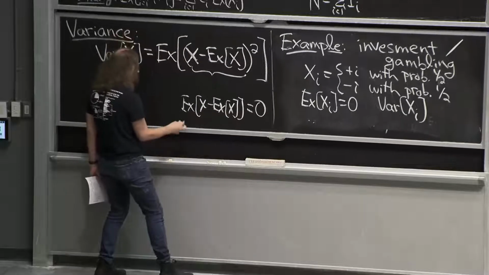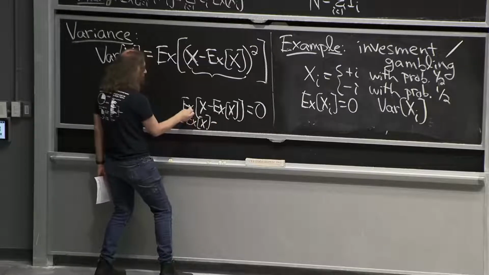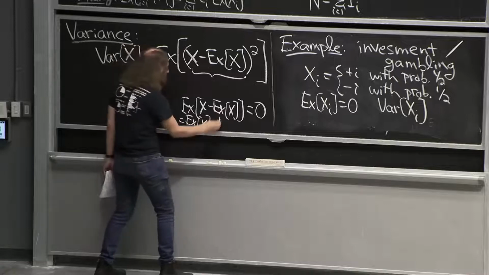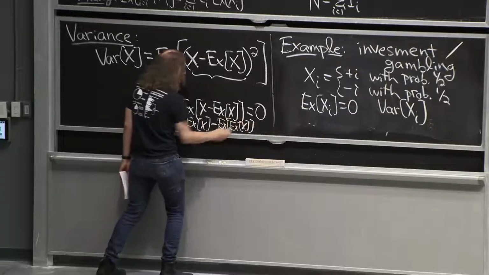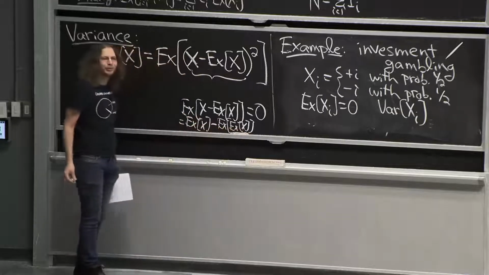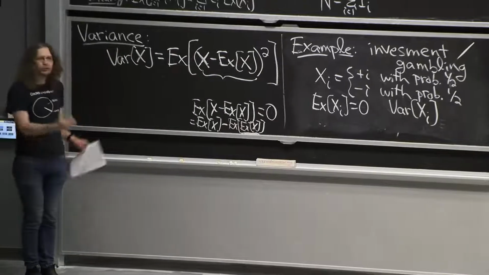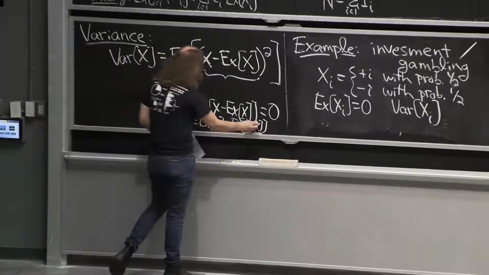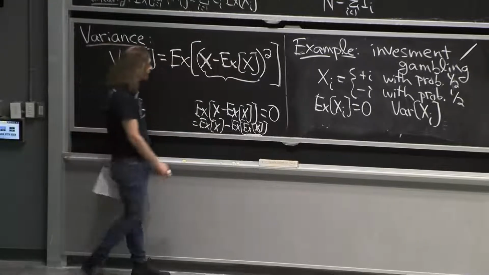Because linearity says, well, this is expectation of X minus the expectation of X. But the expectation of X is a single number. You re-roll your dice, the expectation doesn't change. Only the value of X can change because it's a function. But the expectation of X is a constant thing, so its expectation is itself. Okay, so these cancel.